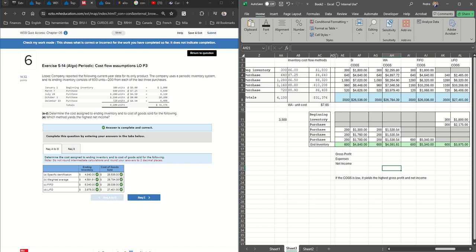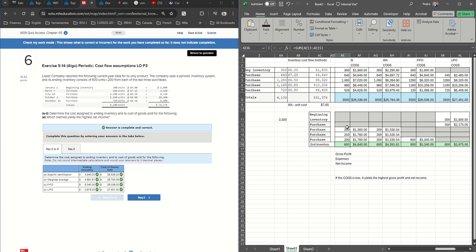To start off with the first method, I started by finding the end inventory. According to the exercise, we have 600 units that are left from the last three purchases.